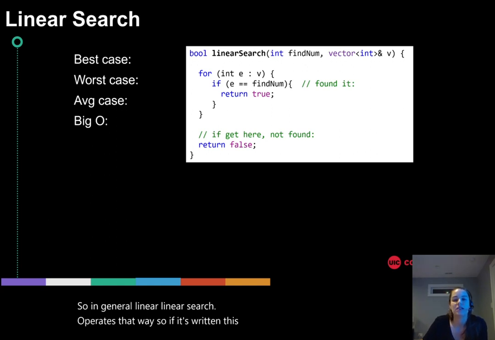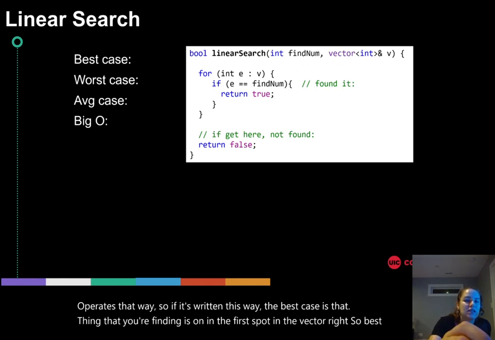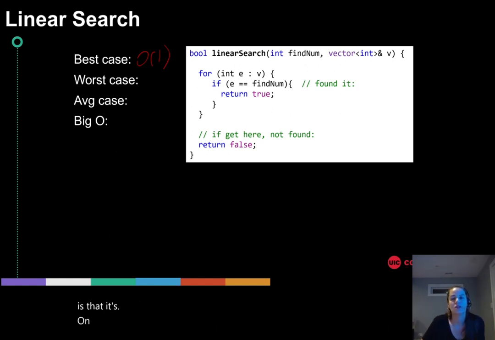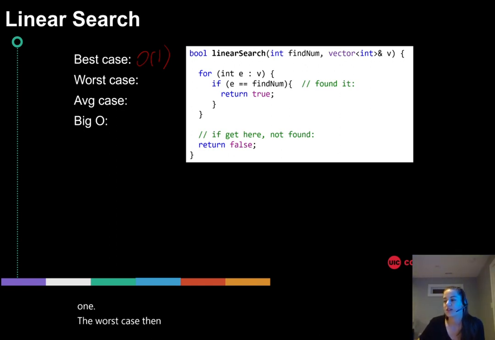If it's written this way, the best case is that the thing you're finding is in the first spot in the vector. So best case is that it's on the first index, which means you only have to do one operation, so it's O(1). The worst case is that the thing you're looking for is in the last index of the vector.